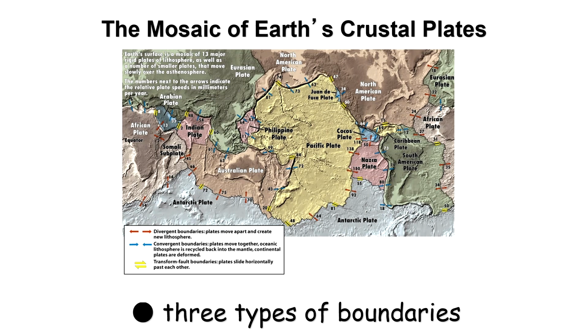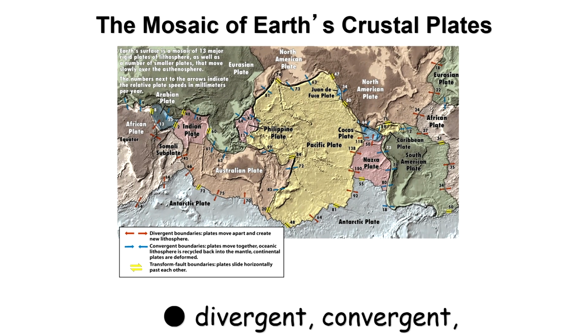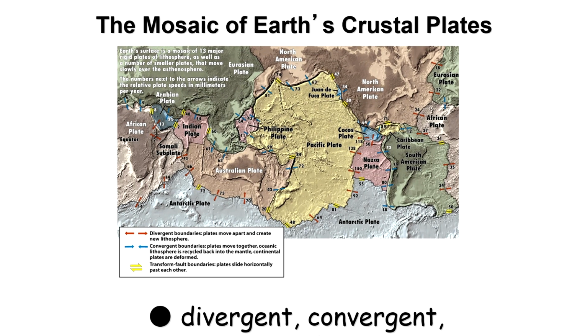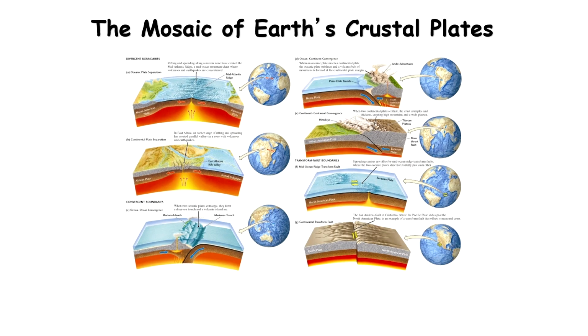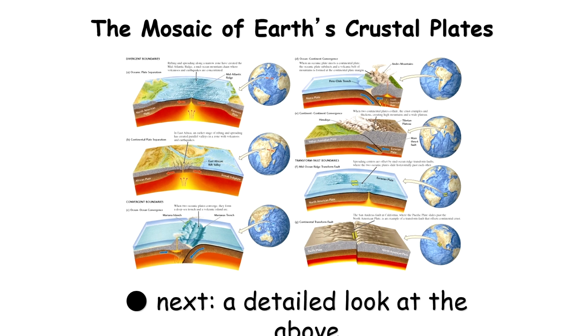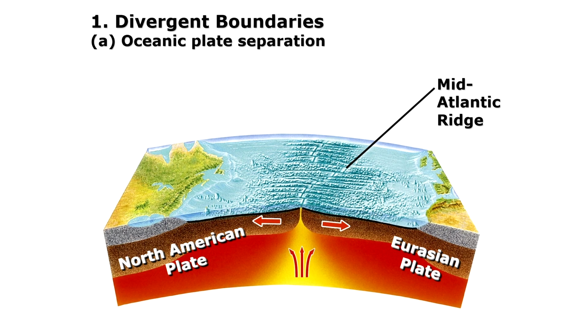So, further, if we look at the three types of plate boundaries, okay, you have divergent, convergent, and transform plate boundaries, and let us quickly see some locations of those. You have the divergent plate boundary where oceanic plate separation is going on, and these areas are basically seen under the sea, and they are termed as mid-Atlantic ridges.